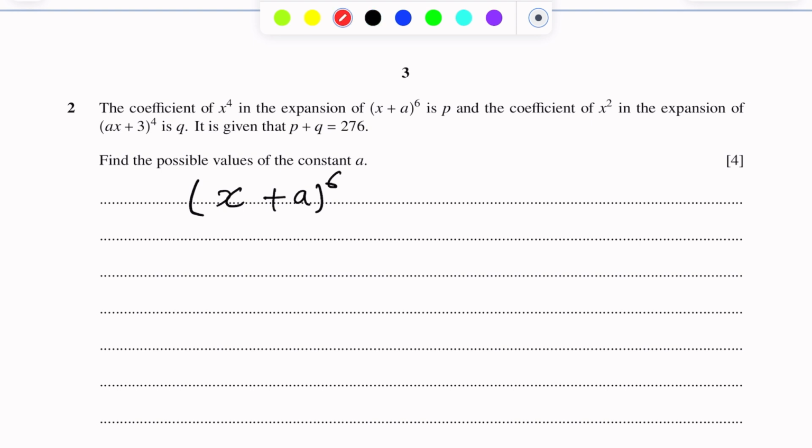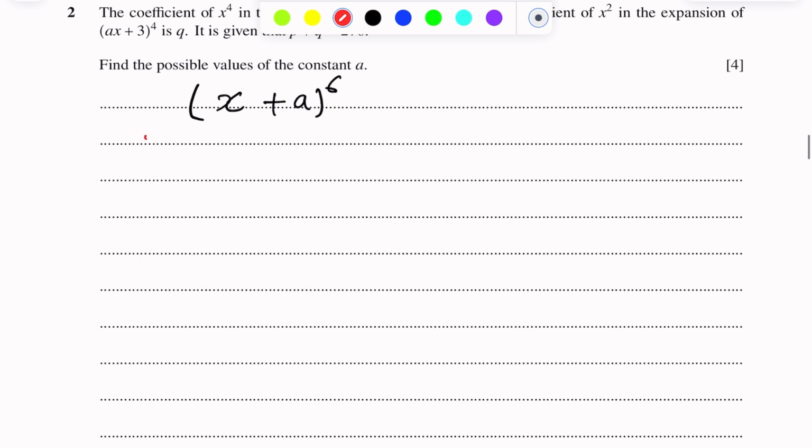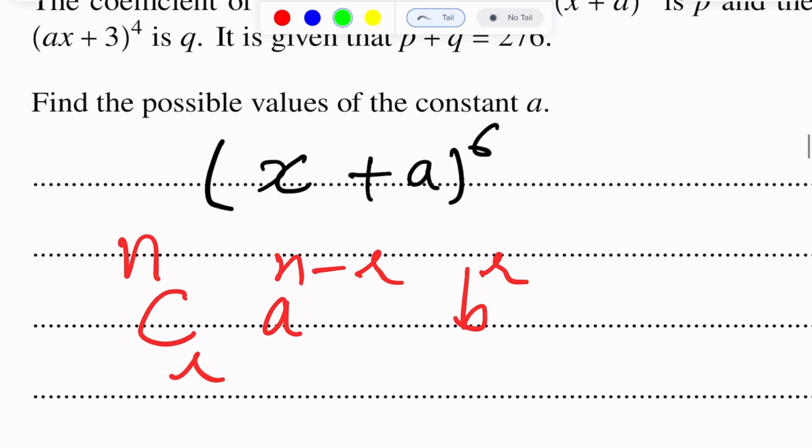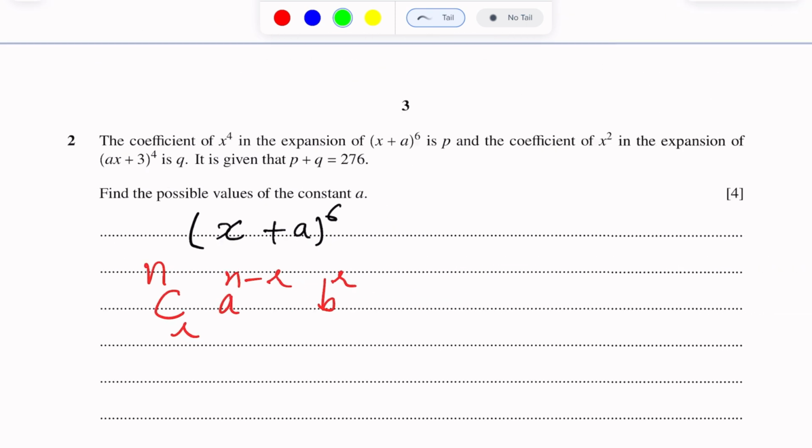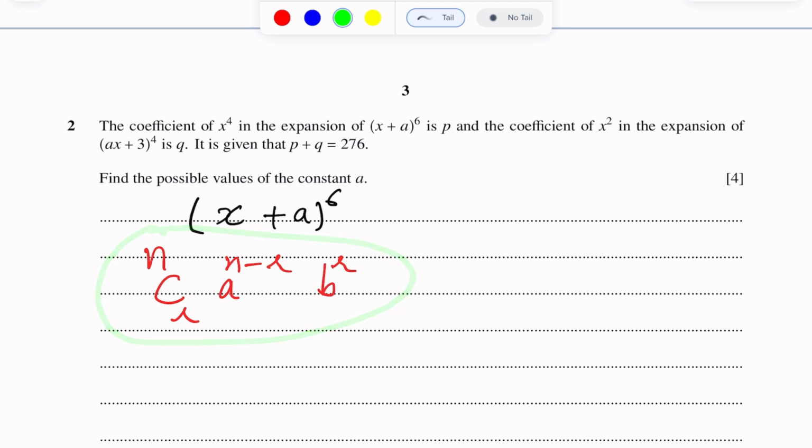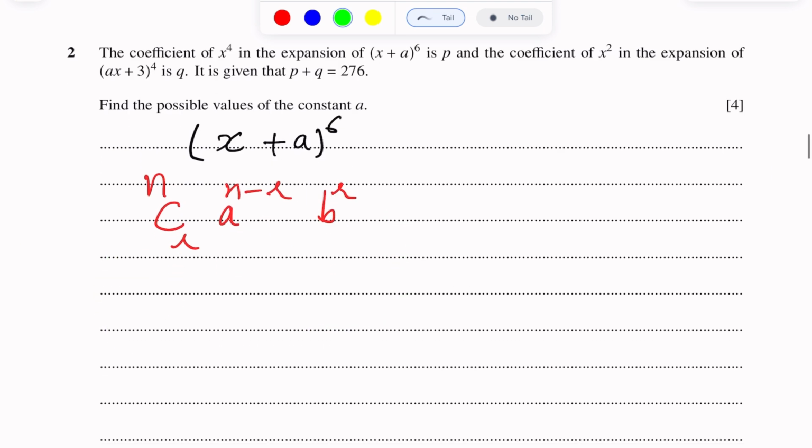Now we will use this formula to find the specific term: nCr a^(n-r) b^r. Here n is 6, the first term is x, and the second term is a. So putting here the values, this is a general formula to find the specific term.